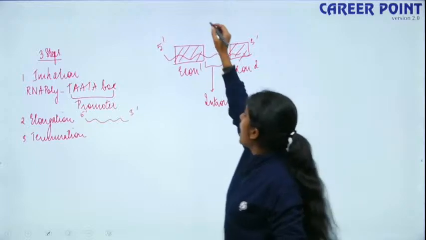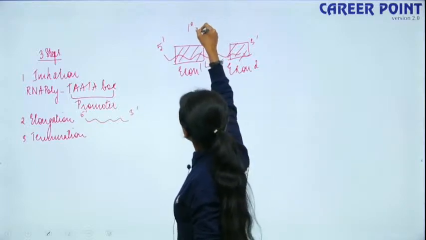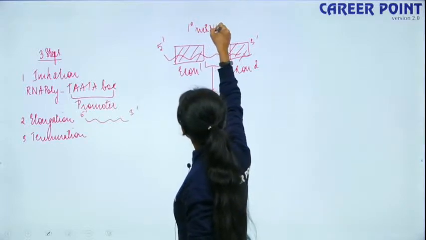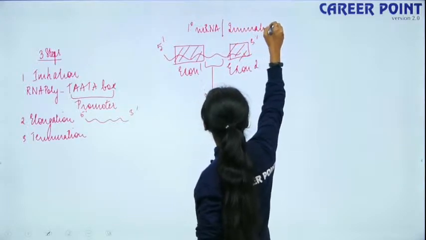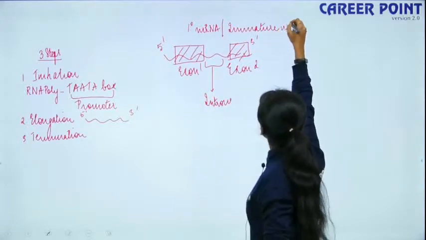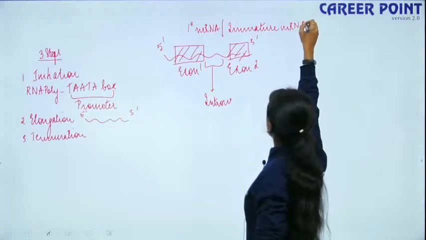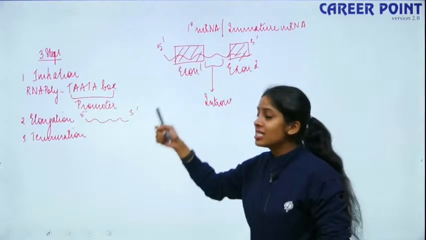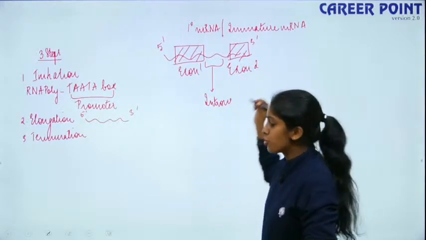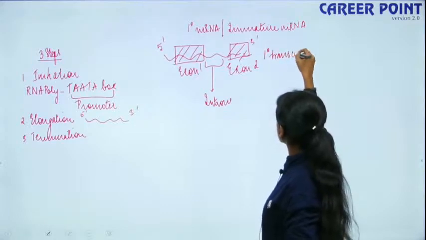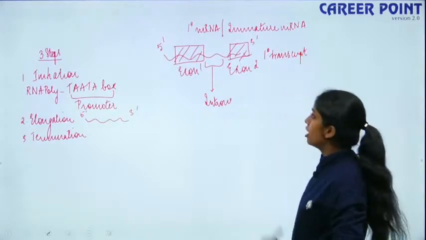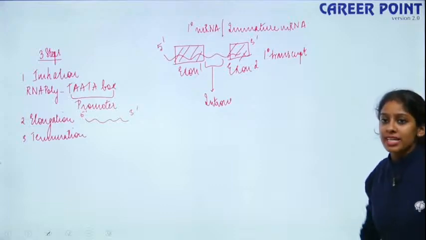Such an RNA is known as primary mRNA or immature mRNA. Since this is the product of transcription, it is also known as primary transcript.